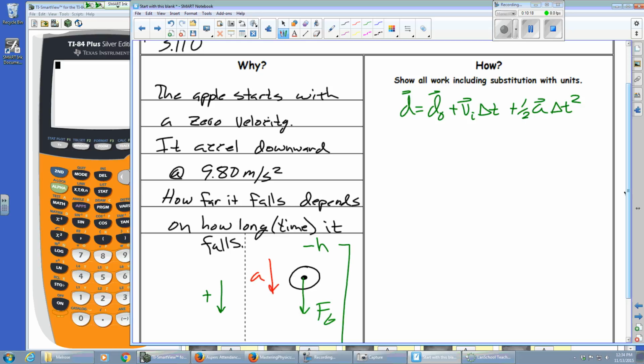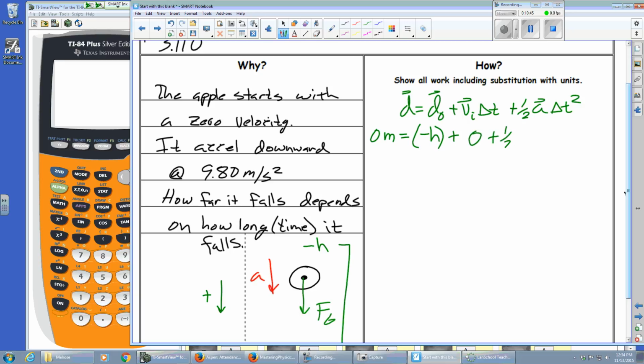But it helps to name it so we can put it in our equation. Because remember, this is where I end up, where I start, and how fast I'm moving, things like that. So I end up down at the bottom at 0 meters. I started at negative h. How fast was I moving at the beginning? 0. So what's 0 times delta t? 0. So I can put 0 in there.